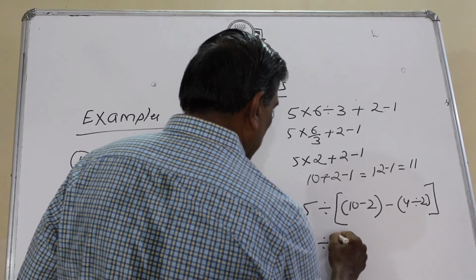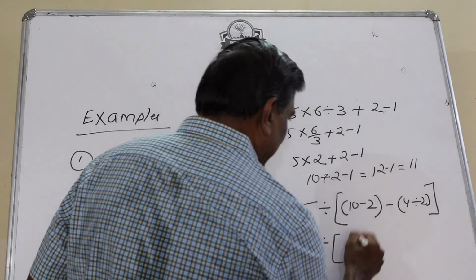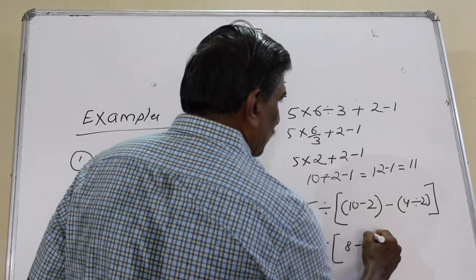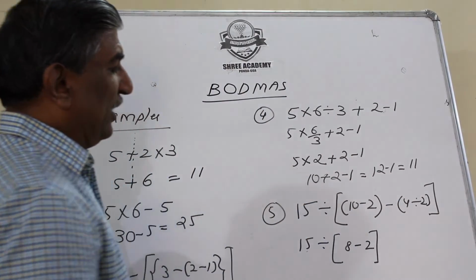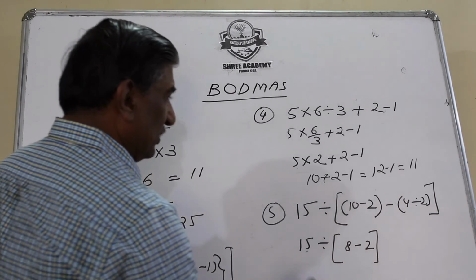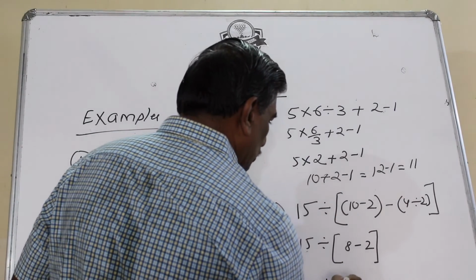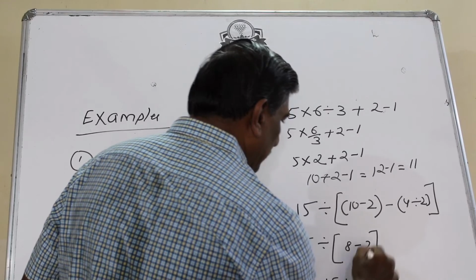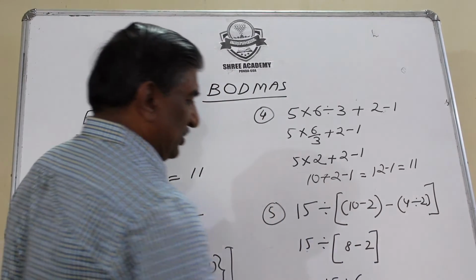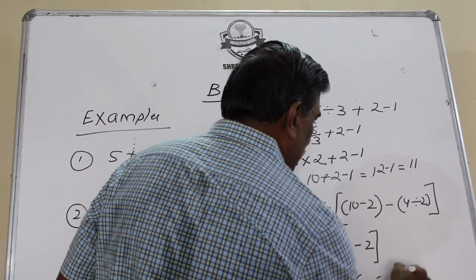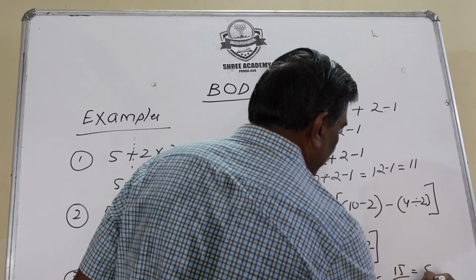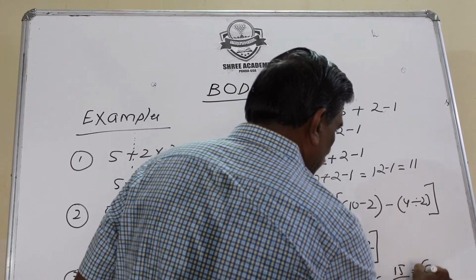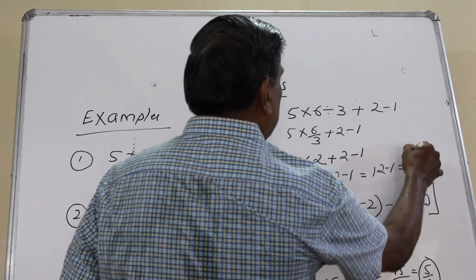So this will become 10 minus 2 is 8. Then 4 divided by 2 is 2. Then we simplify the innermost bracket. This becomes 15 divided by, 8 minus 2 is 6. Now your final answer is 15 upon 6, or you can write as 3 5s are 15, 3 2s are 6. So this becomes your final answer.